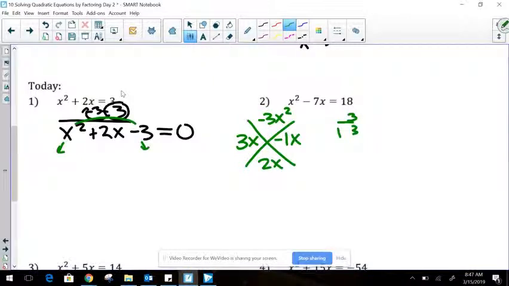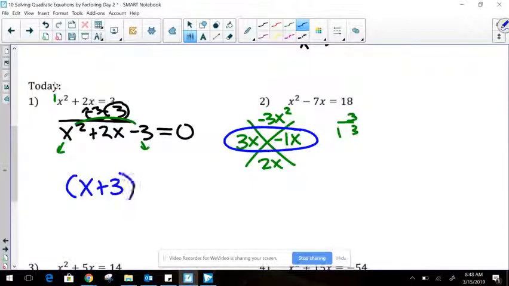Since there's a 1 in front of my x squared, I really want you to start recognizing this shortcut. These are my factors. This is my answer: x plus 3 and x minus 1 is equal to 0.